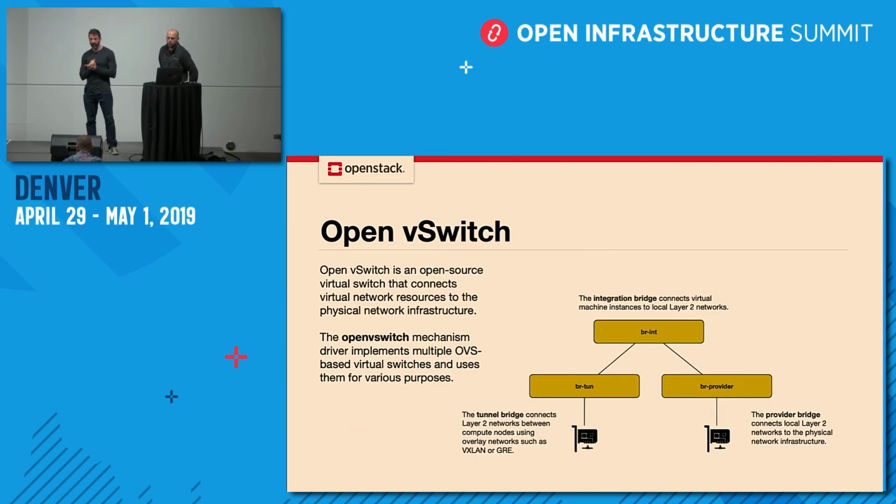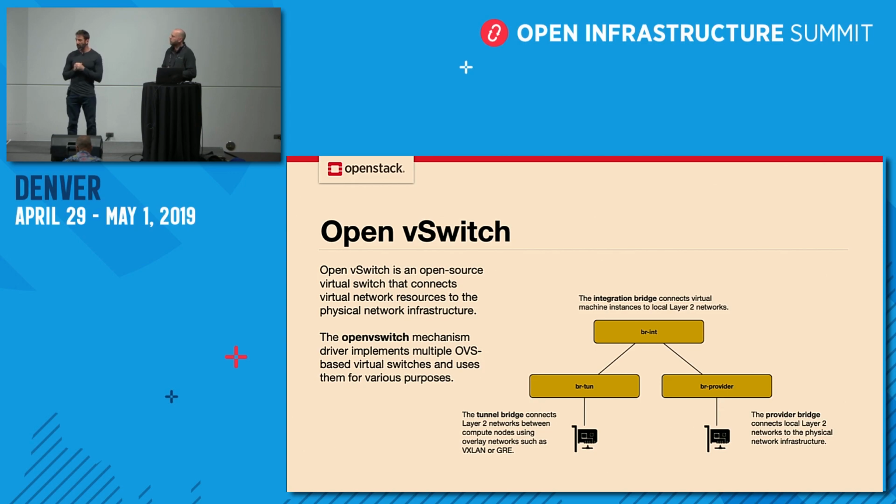So the second one we tested was regular old Open vSwitch. Again, Open vSwitch is an open source virtual switch that connects virtual networks to your physical network infrastructure. It uses OpenFlow to program flows on these bridges. In a standard deployment, you'll see at least 3 Open vSwitch bridges, BRint, which is kind of the hub of everything.